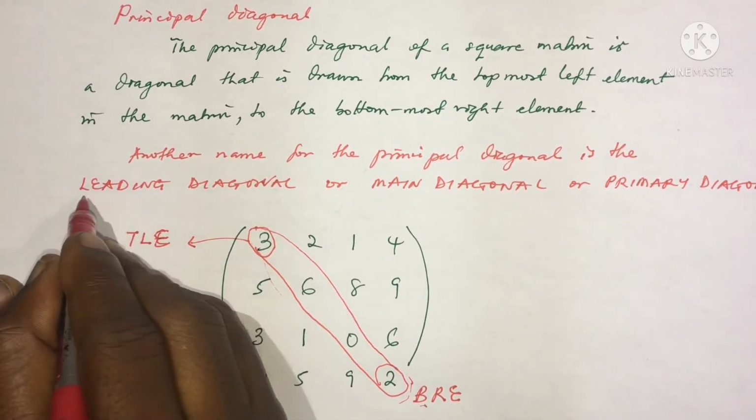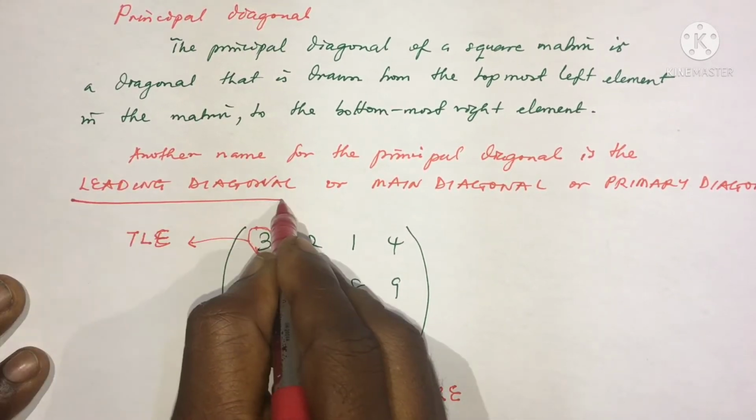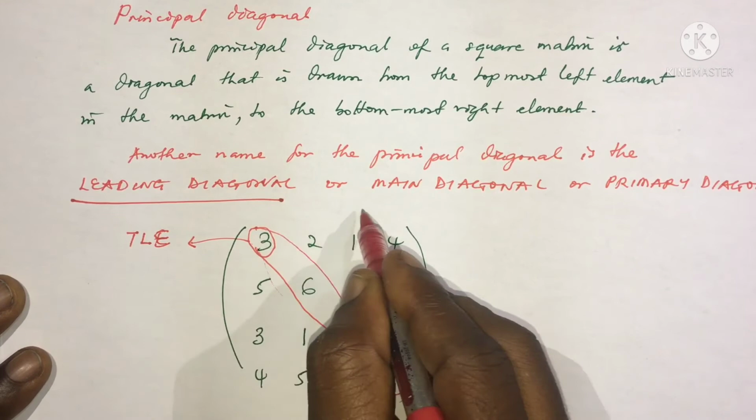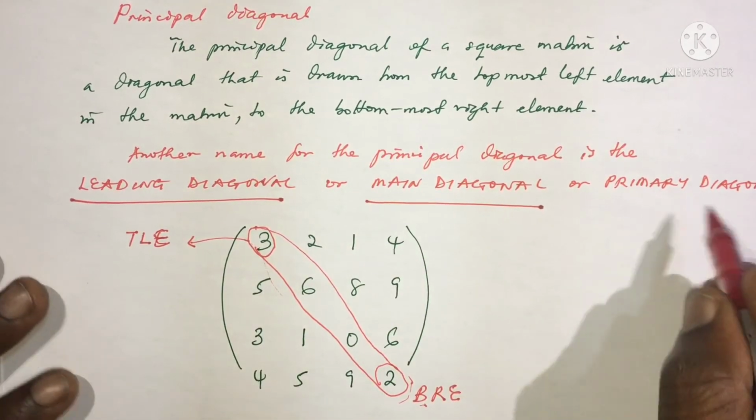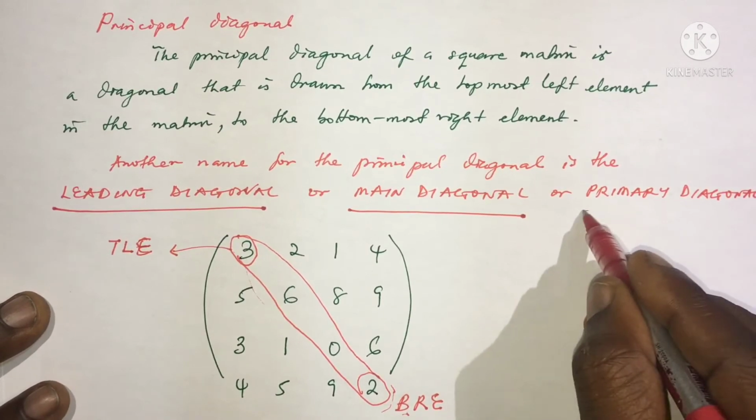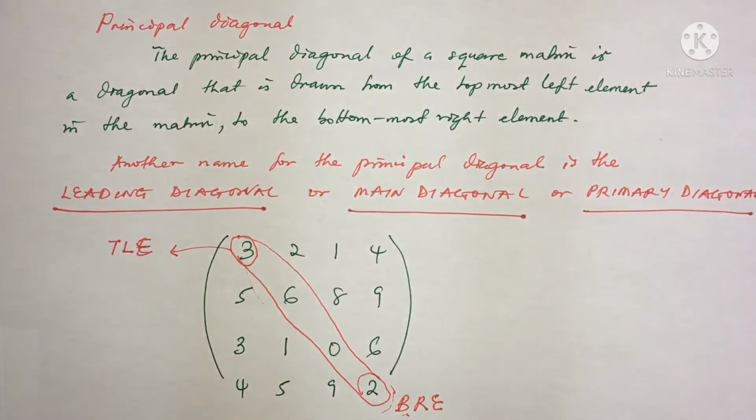Another name for it is the leading diagonal, or the main diagonal, or the primary diagonal.